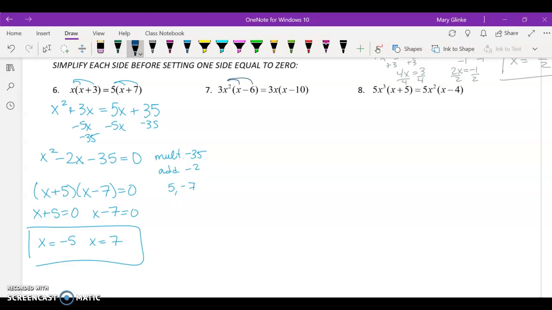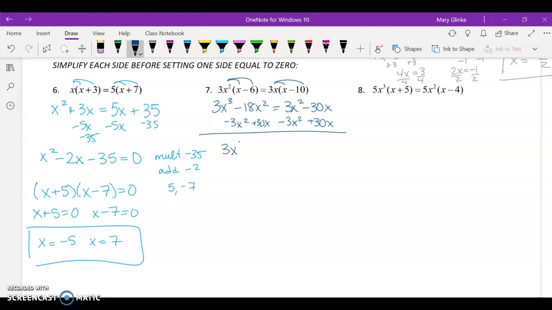So let's try this next one. Same idea. We distribute to get 3x cubed minus 18x squared. On the right-hand side, we get 3x squared minus 30x. We're going to move everything to the one side to get it equal to 0.